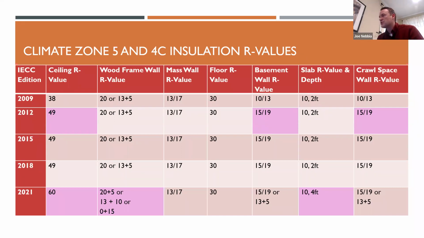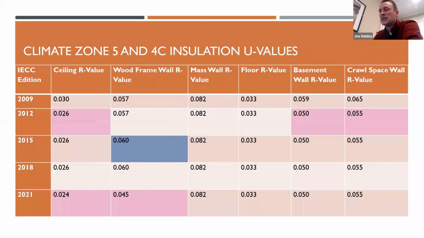It's not really a change in stringency. It's just another option described in the tables. And then also in the slab, that 4 foot is a new linear distance for the slab edge insulation for the same R10. Crawl space, conditioned crawl space walls, is still a 15 or 19 on the wall, or that 13 plus 5, that same option that's available for the basements.